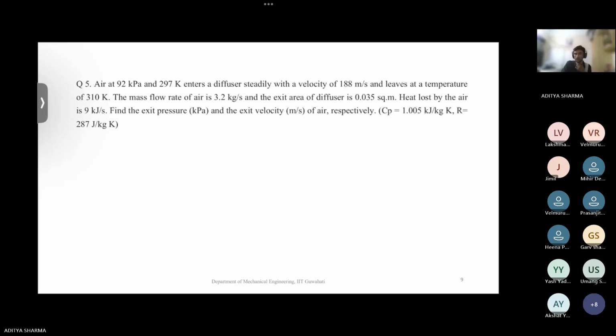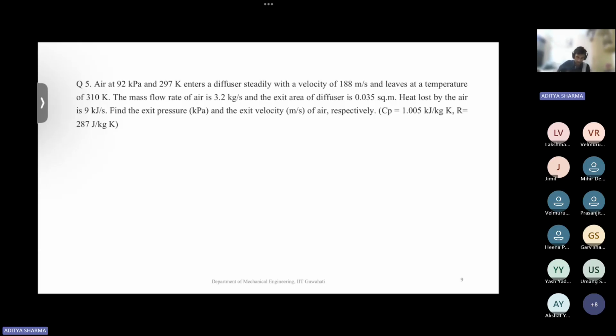Please, first of all, have a look at this numerical and then we will solve it. Okay, so I'll just read this out.